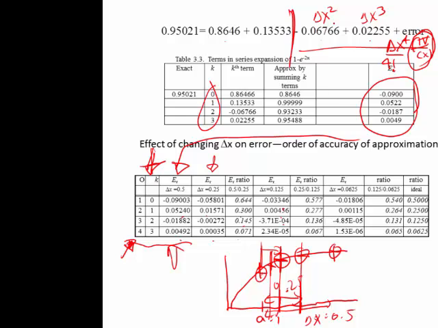So if I cut delta x by half, then the error should be reduced by 1/4, or to 1/4. Okay, and so let's see how that works. That would be this row here. And when I go from 0.5 to 0.25, the ratio is 0.3. And then when I go from 0.5 to 0.125, it's that value, then that value. And that's the ideal value, 1/4.